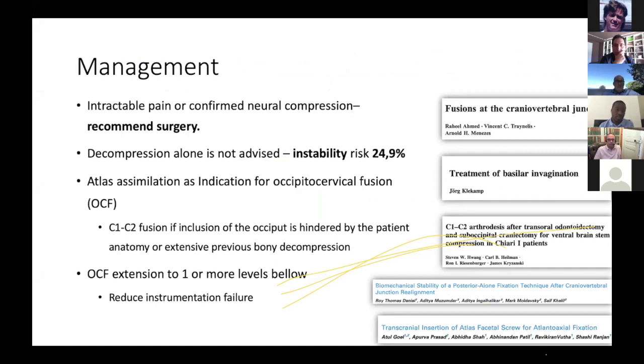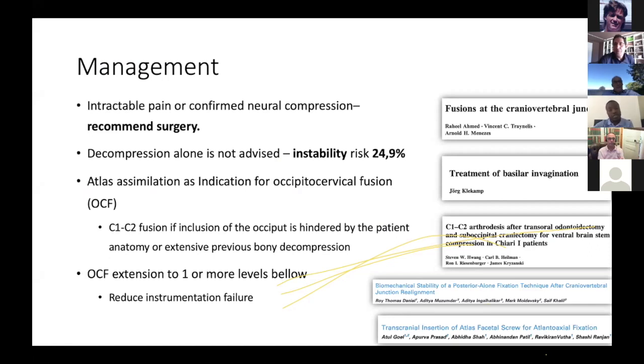We've seen that the burden of the pathology depends on the presence of instability. So it is a good indication to do a posterior internal fixation. The presence of atlas assimilation is a good indication to include the occiput, as we've seen also in the previous lecture.